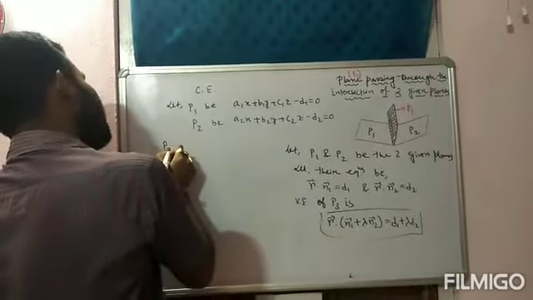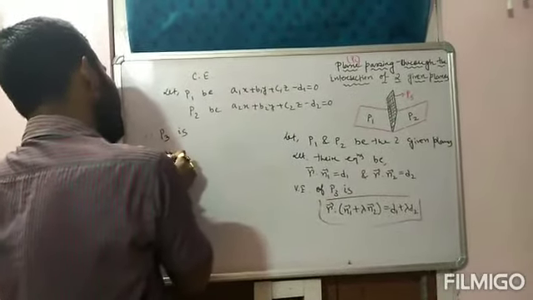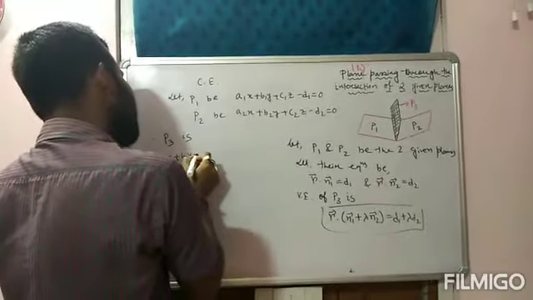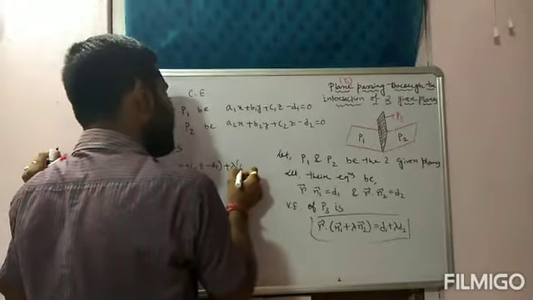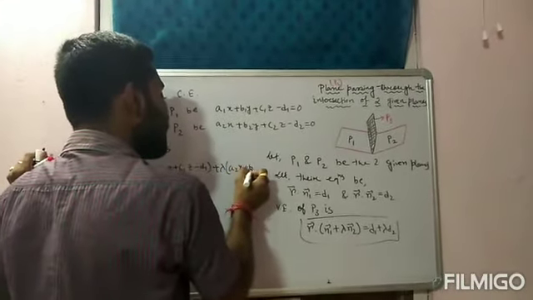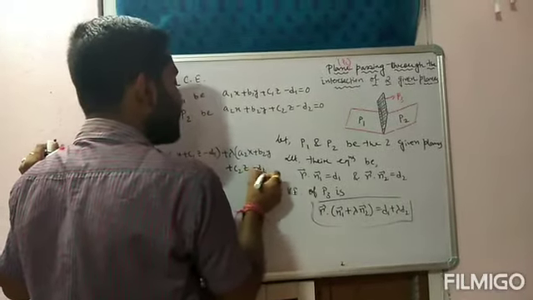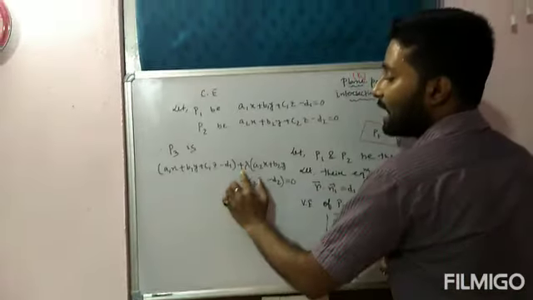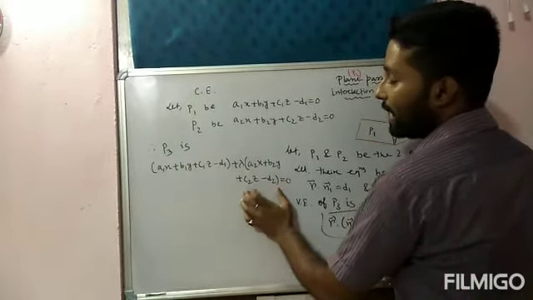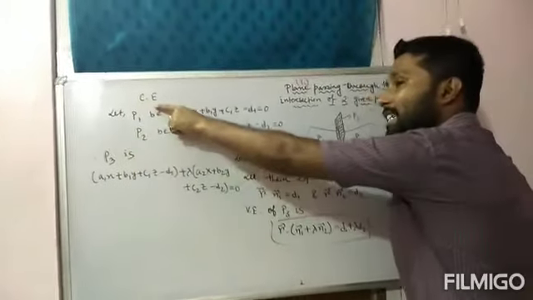Therefore, the Cartesian equation of P3 is a1x plus b1y plus c1z minus d1 plus lambda into (a2x plus b2y plus c2z minus d2) is equal to 0. It is not very difficult. First equation of the plane plus lambda into second equation of the plane is equal to 0. This is the equation of the third plane in Cartesian form.